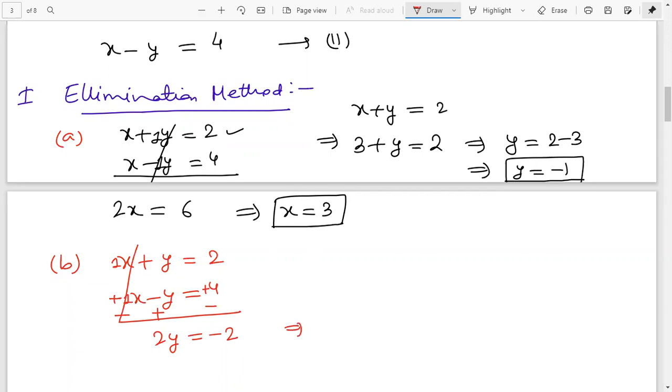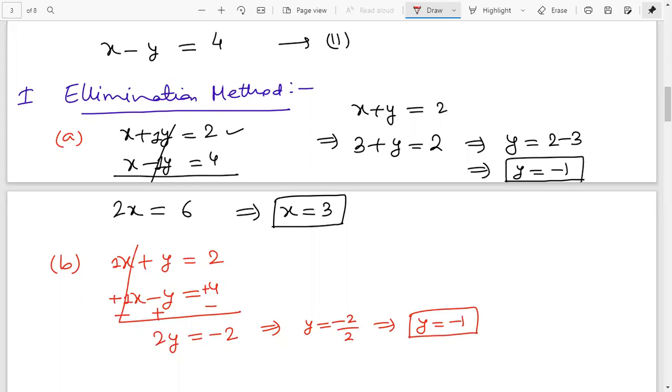So y will be equal to minus 2 by 2, that is equal to minus 1.